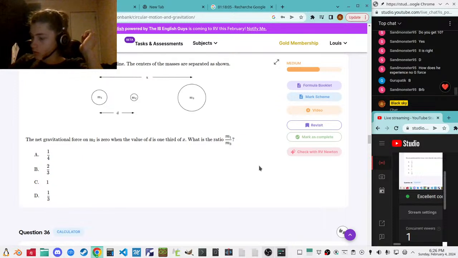What is the ratio M1 to M3? I have 1/9. What happened? X should be 1.